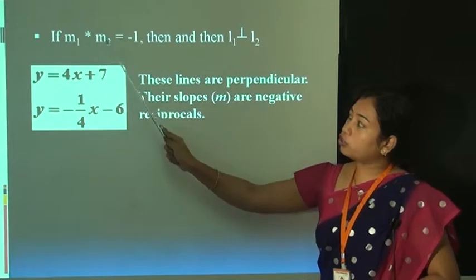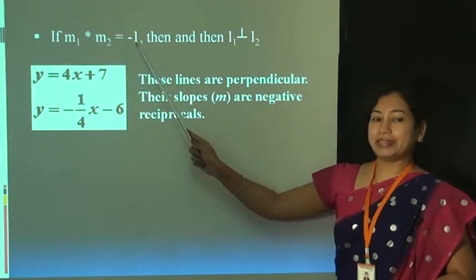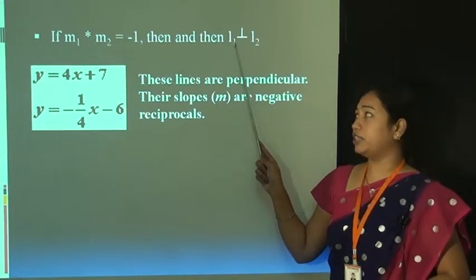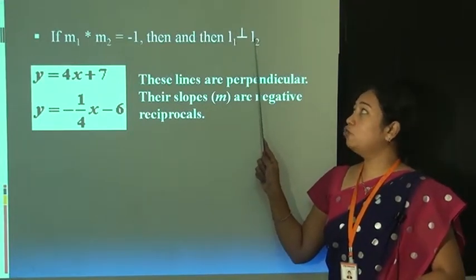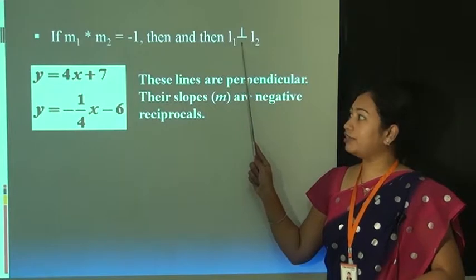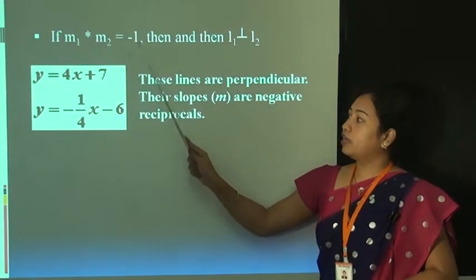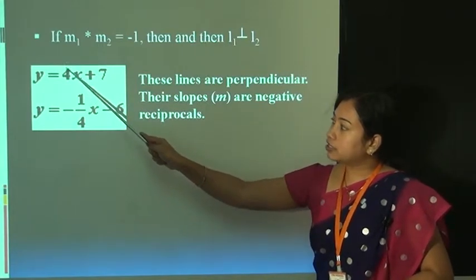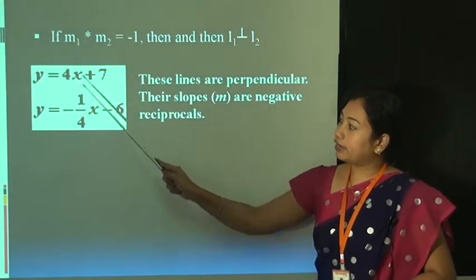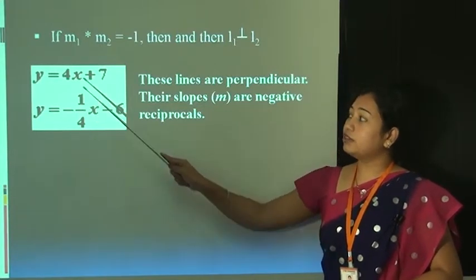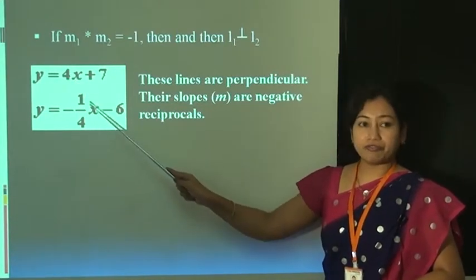Slope of perpendicular lines. If the product of their slope is equal to -1, then you can say that two lines are perpendicular to each other. Another way, if two lines are perpendicular to each other, then product of their slopes are always -1. Here you can see the slope of this line is 4 and here the slope of line is -1 by 4, because this one is nothing but the reciprocal of each other.